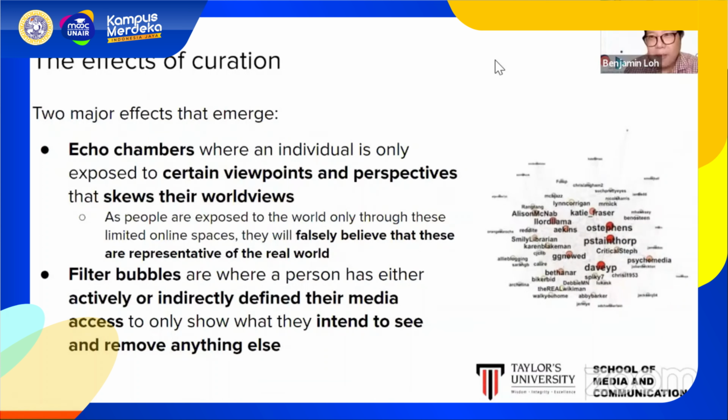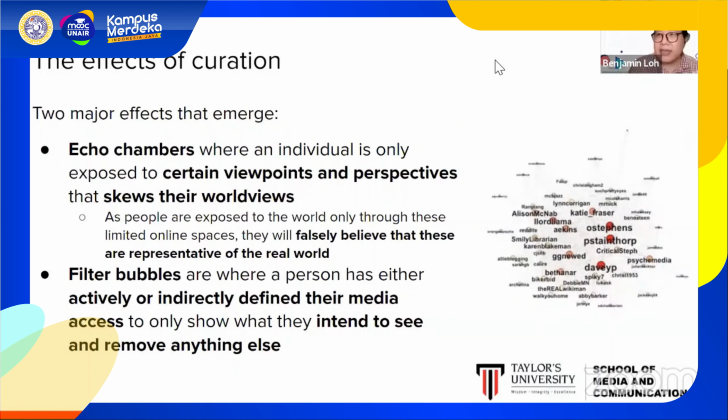At the same time, it also learns from my behavior and compares it to other people with similar behaviors. They start to notice that people who are pro-government will naturally not want to hear any anti-government stuff. So they will give me all the pro-government links and content, but they will start to remove all the anti-government stuff because they know I'm probably not going to click on it or like it.